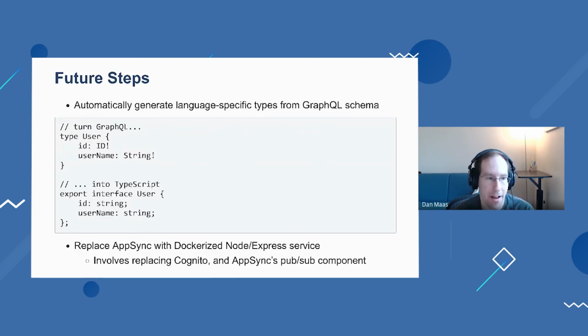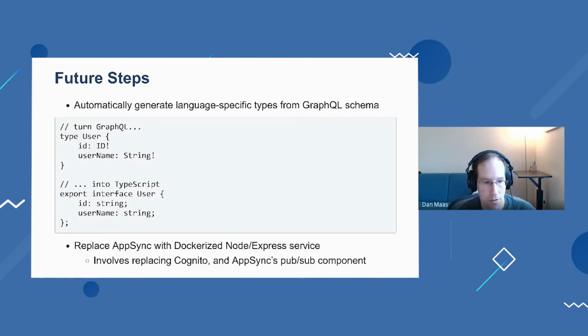So if you imagine you have your GraphQL schema with that type User with an ID and a username, let's say you're writing JavaScript code or TypeScript code that interacts with that object. You need to have a TypeScript definition that describes that type. And for now, I've been writing all of these manually. Every time I introduce a new type into my GraphQL schema, I have to manually write out the equivalent JavaScript type.